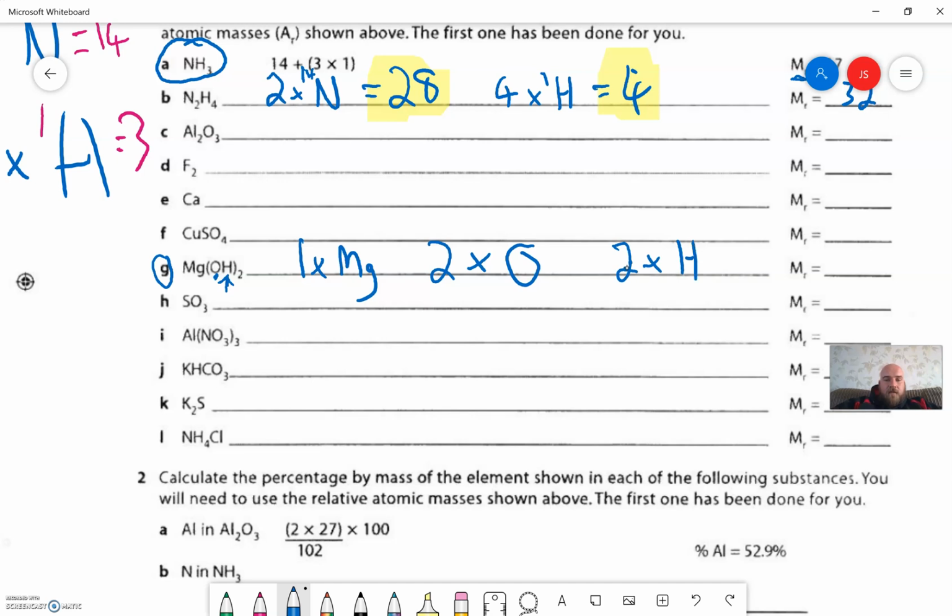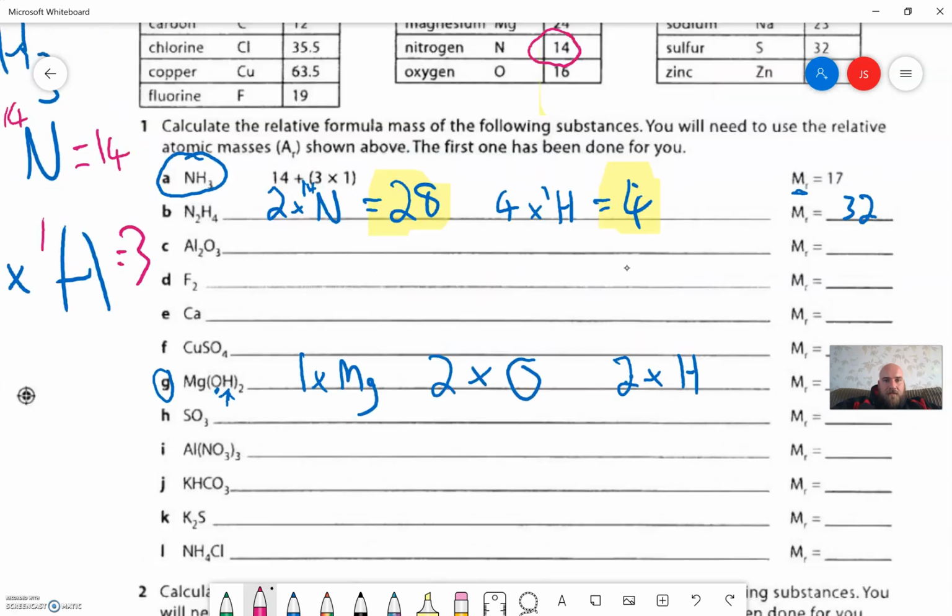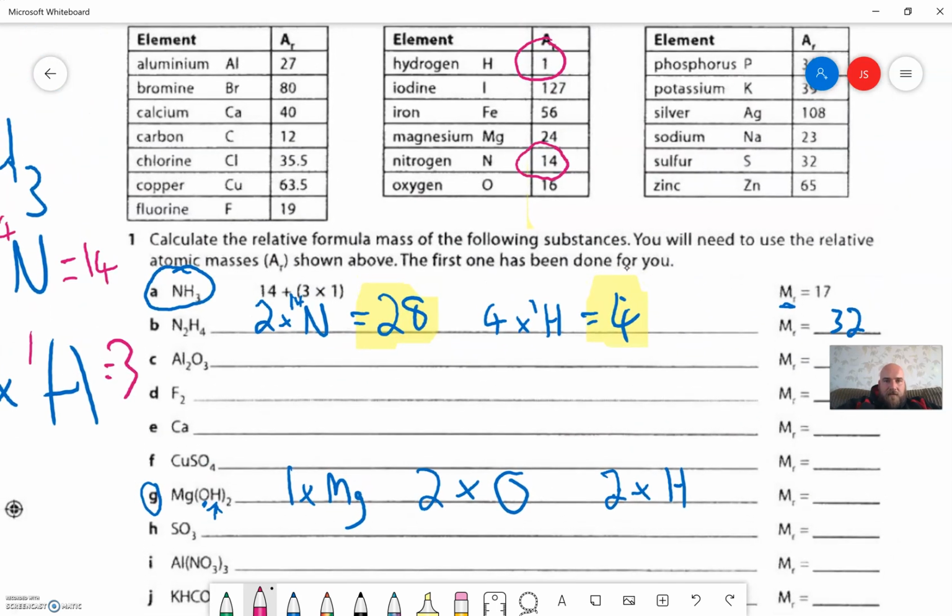So then if I go to the top and find where these elements are, I need magnesium, which is there, oxygen, which is there, and hydrogen, which is there. So I've got the numbers.